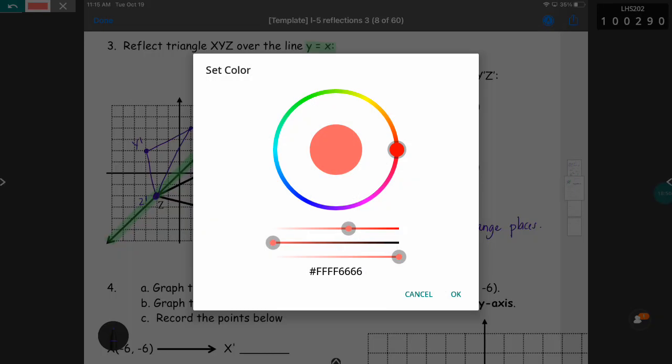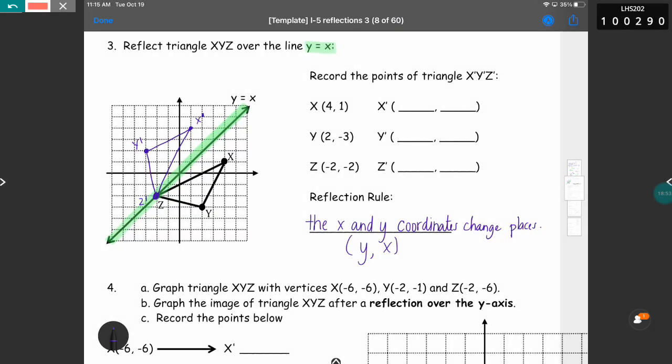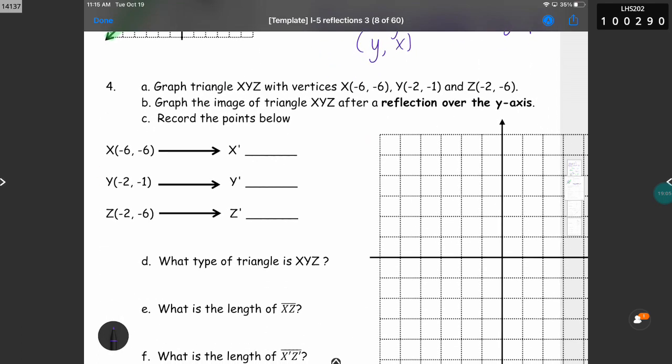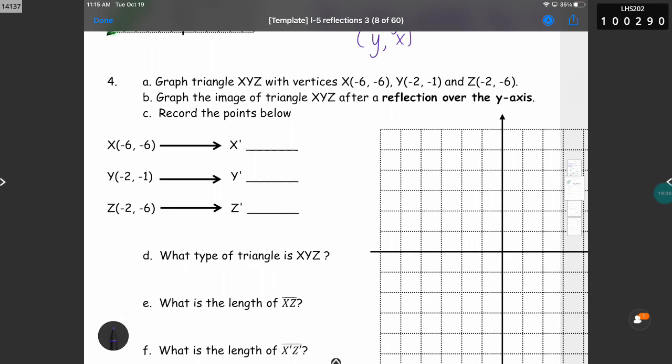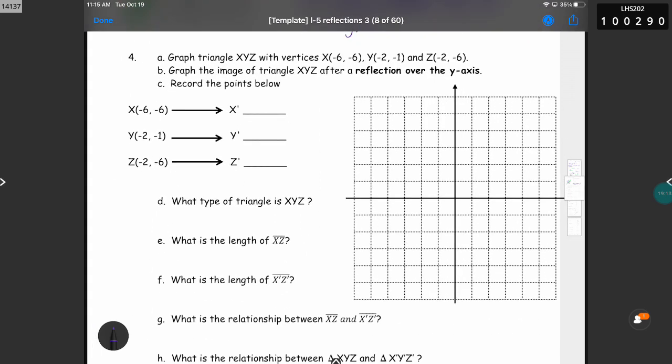Go ahead and graph triangle XYZ with vertices X (-6, -6), Y (-2, -1), and Z (-2, -6). So X is going to be -6, -6. Y is -2, -1. And Z is -2, -6.